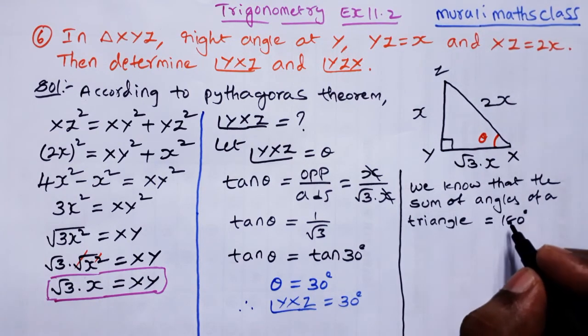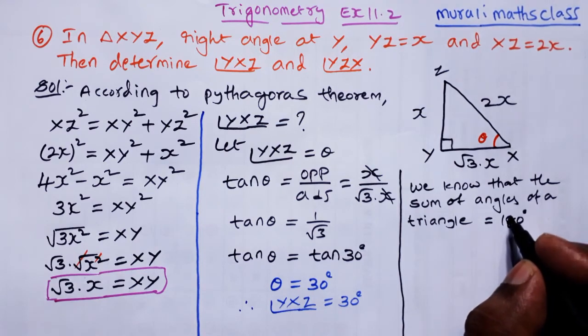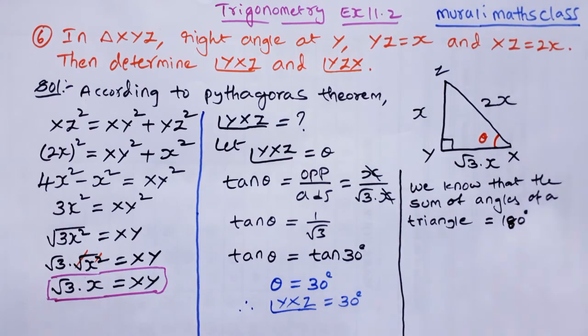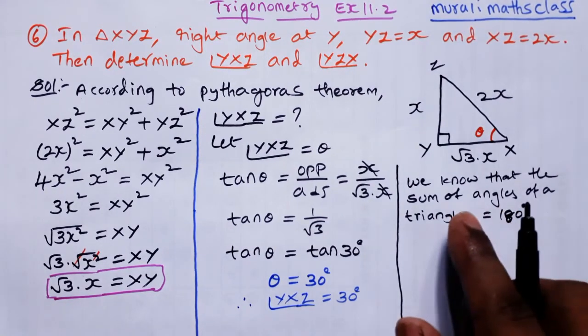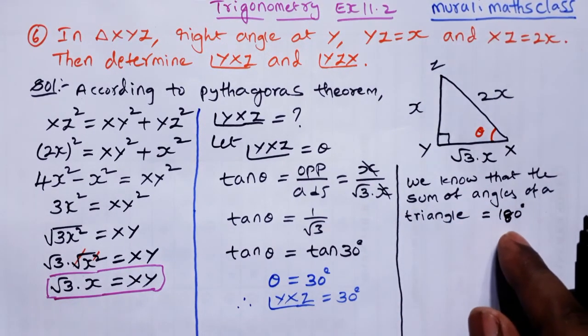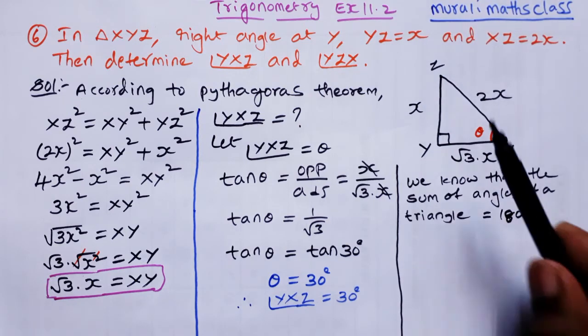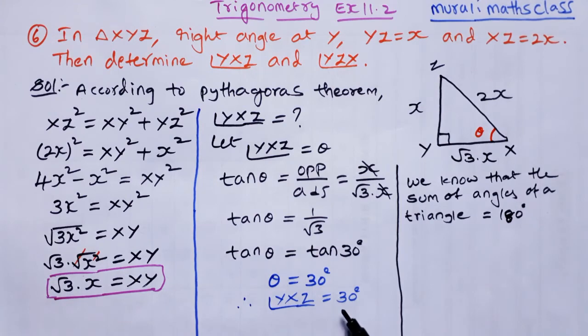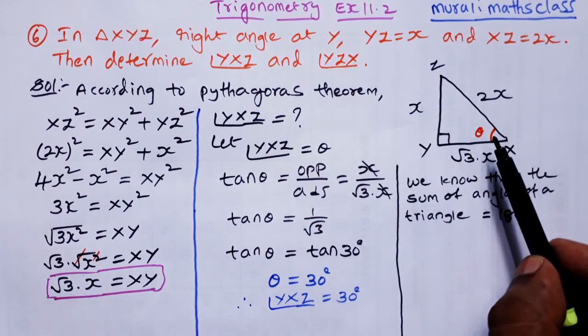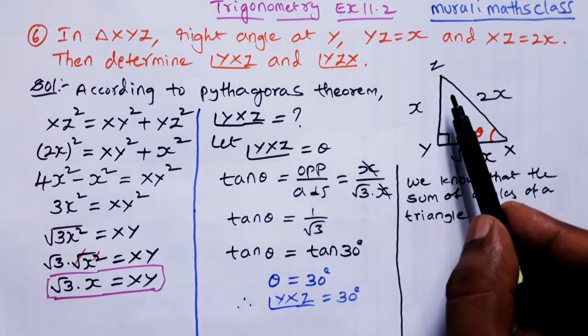This we know, 180 degrees. We know that the sum of angles of a triangle is 180 degrees. Okay. Now observe here, this is 90. And theta we got 30. 90 plus 30, 120. Remaining here 60 will be there.